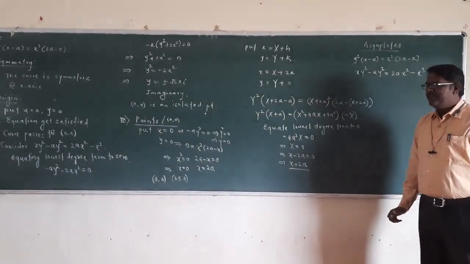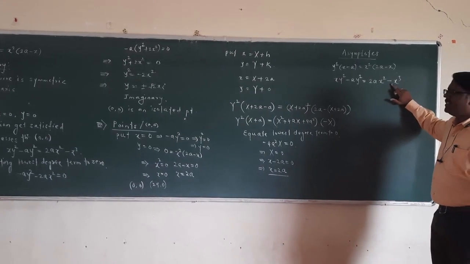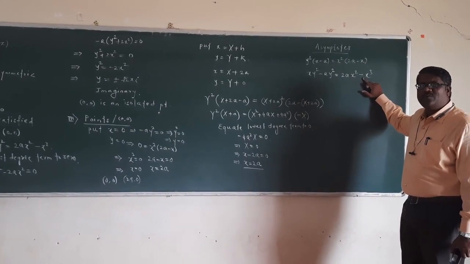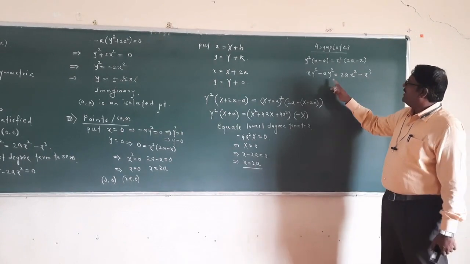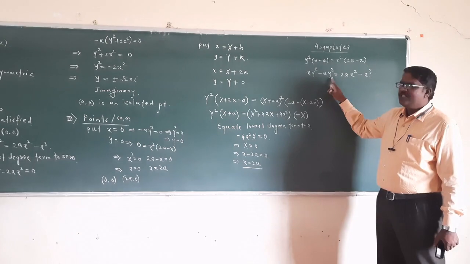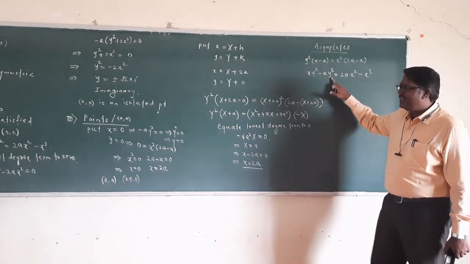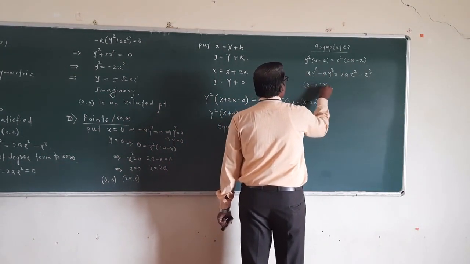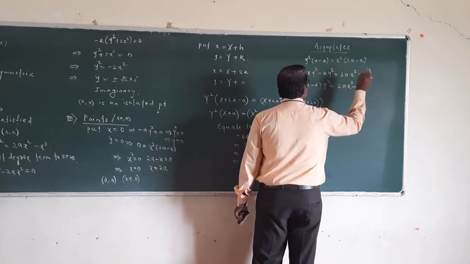Now see here, the highest power of x is x cube, but its coefficient is minus 1, and minus 1 is a constant, and therefore the asymptote parallel to x-axis is absent. What is the highest power of y? The highest power of y is in 2 terms. This term contains y square, and also this term contains y square, so I can write this as x minus a into y square is equal to 2ax square minus x cube.